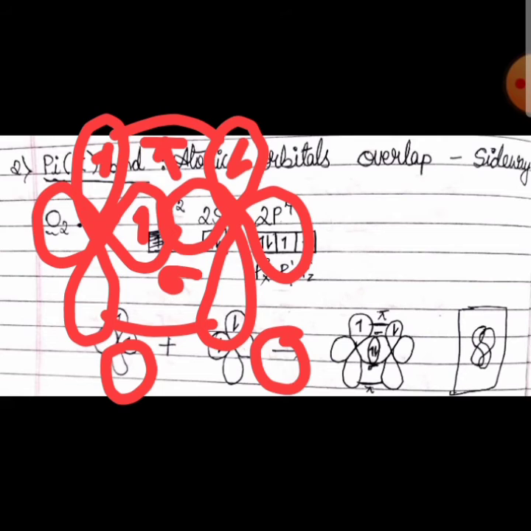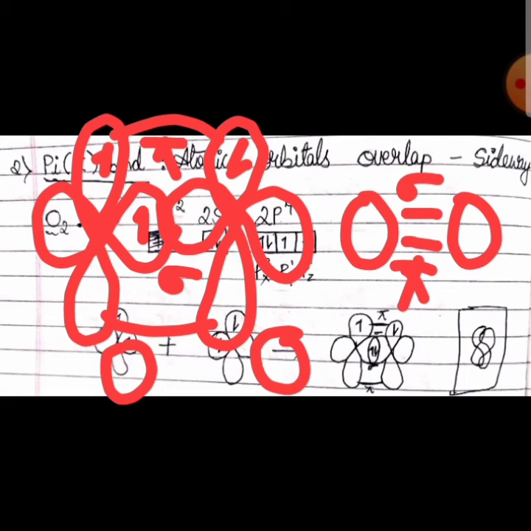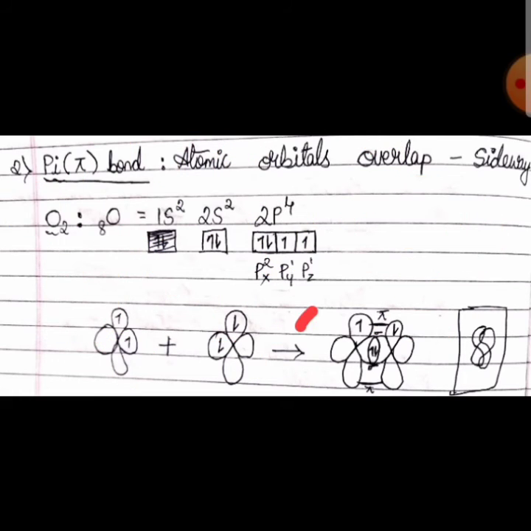So in this way, between two oxygen atoms, two covalent bonds are created, one sigma and one pi. First the sigma bond is created and then the pi bond. This is how bonds are created between two oxygen atoms due to the overlapping of atomic orbitals.